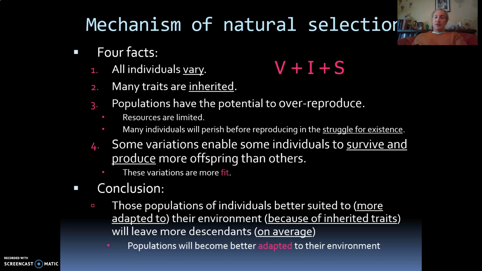Then he puts these together and basically makes a bold conclusion. If you have a circumstance in nature where all this is happening, then what we see is that those populations of individuals that are better able to survive on average will have more babies or more gene copies, which means that the future generations will be filled more with the genes of their successful ancestors.